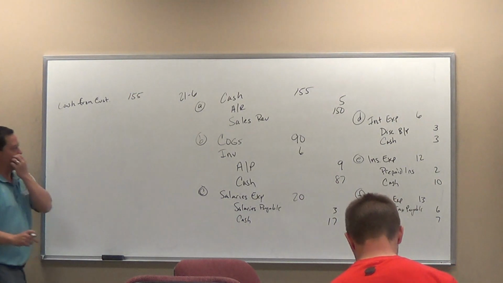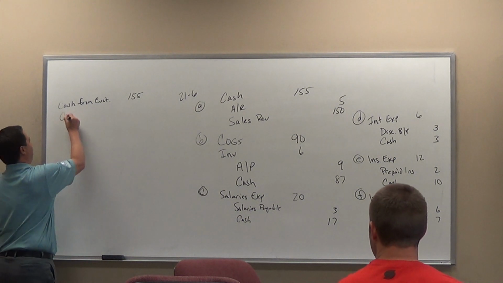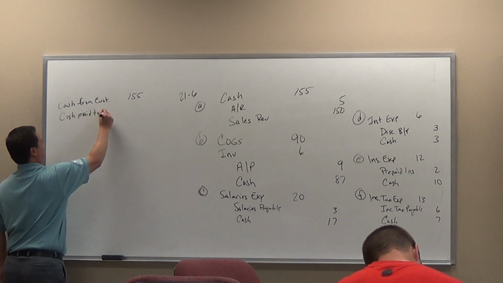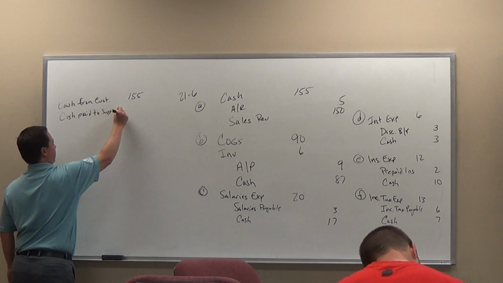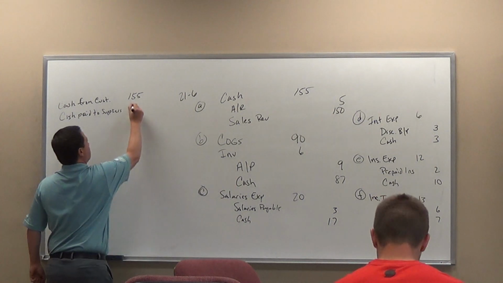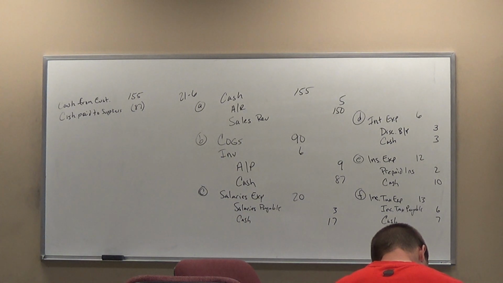Then what's next here? Cash paid to suppliers. How much do we pay? 87. I'm going to take away 87. Next one we did was cash paid to employees.